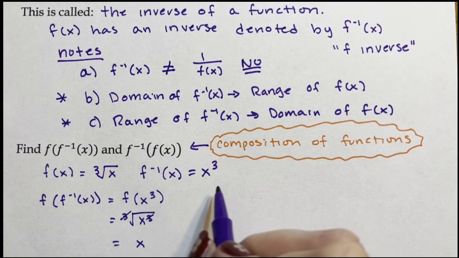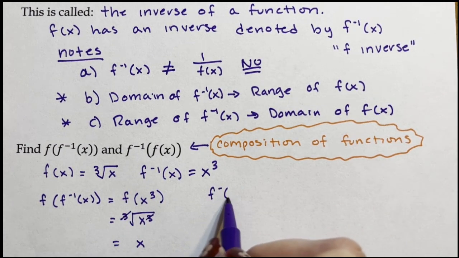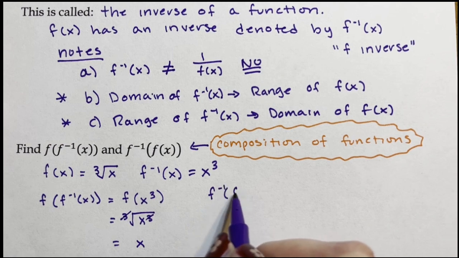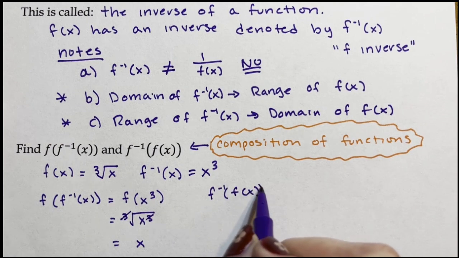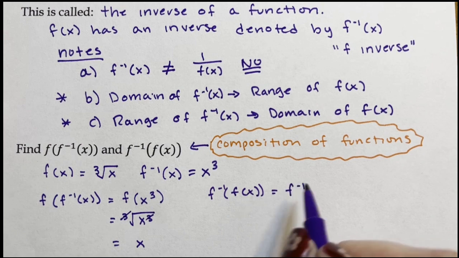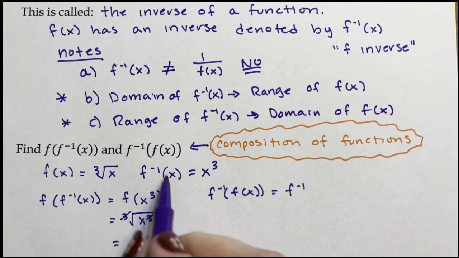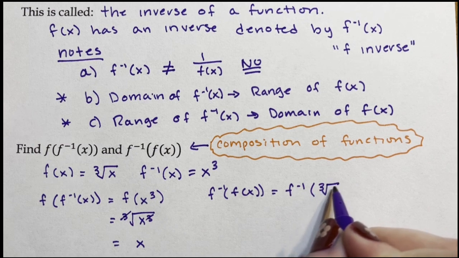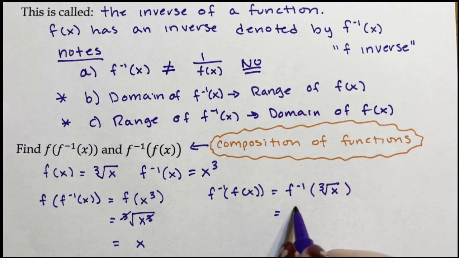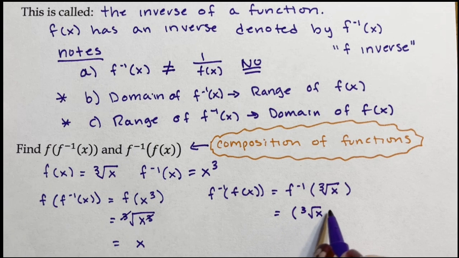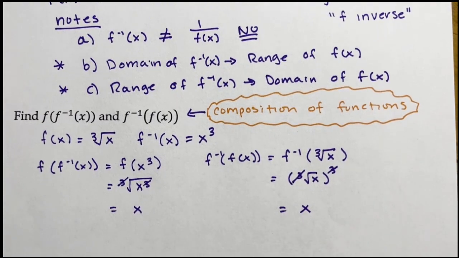And then I'm going to do the other one. I'm going to say the inverse of the function is going to be putting the cubed root of x in here. Well, that's going to equal the cubed root of x cubed. This will also equal x. And this right here is our test.